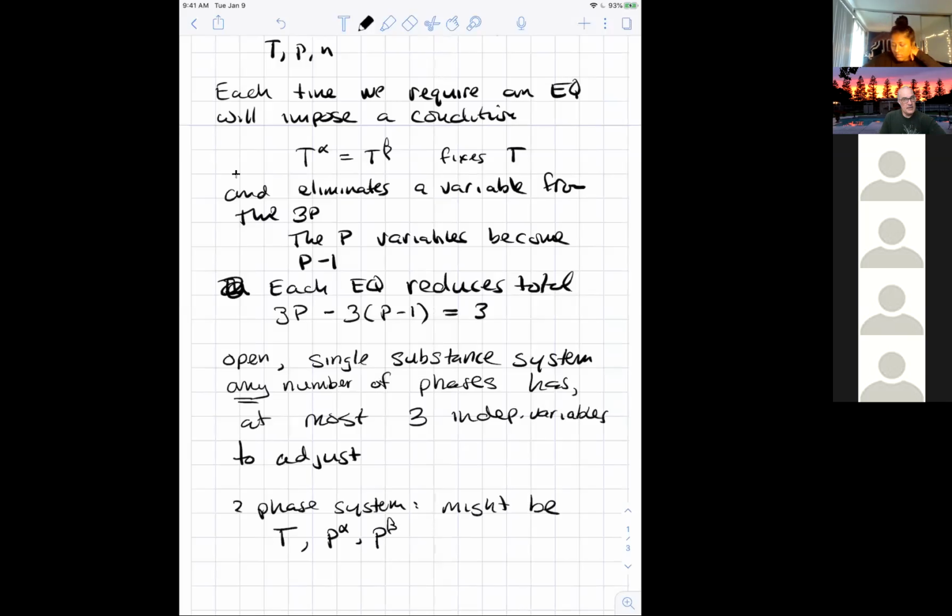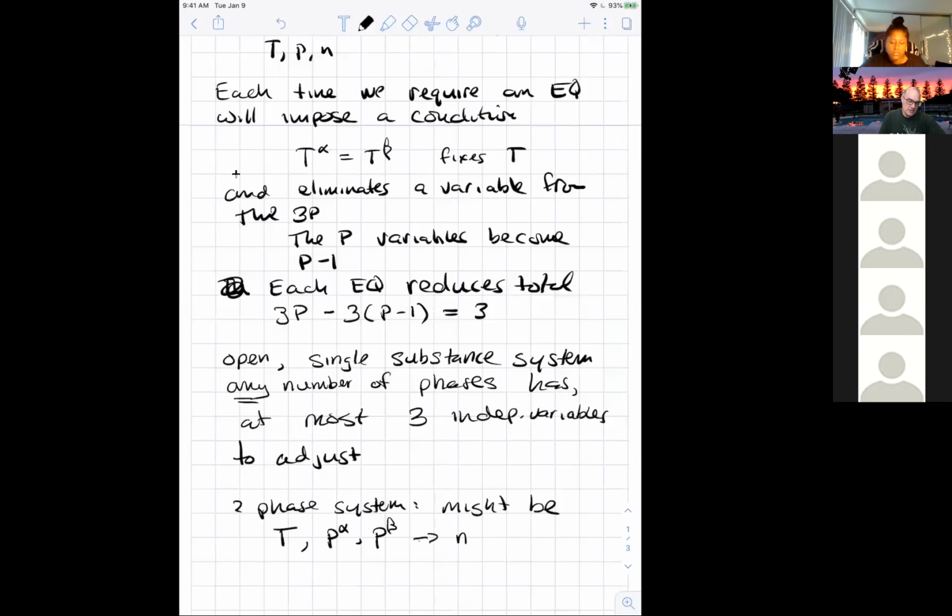Now, typically we would make these the same, right? But whether we make them the same or different, we're fixing them. So if these are our three variables, we might adjust the temperature and the pressure of the two phases, which is actually kind of hard, but this is what we could do.